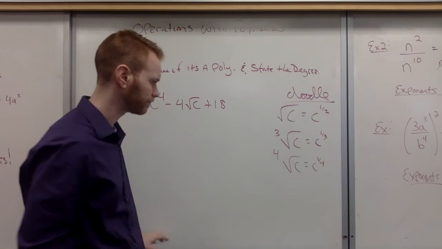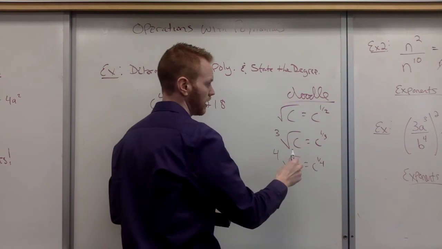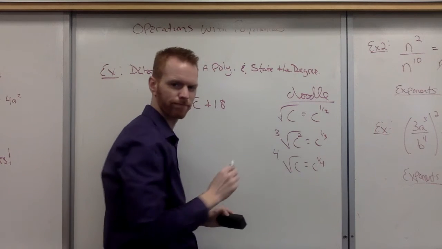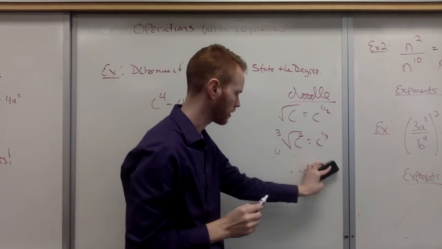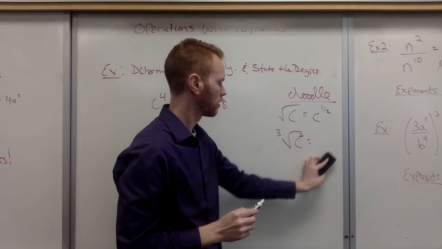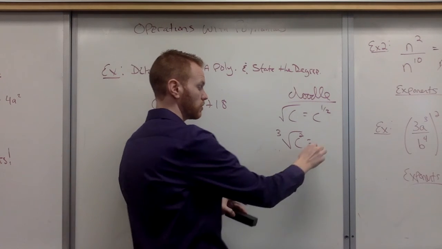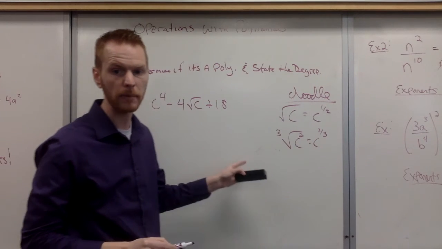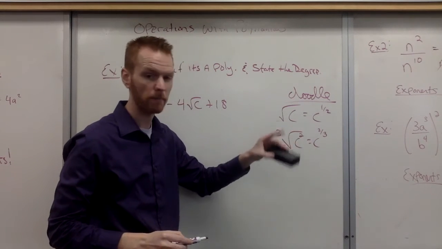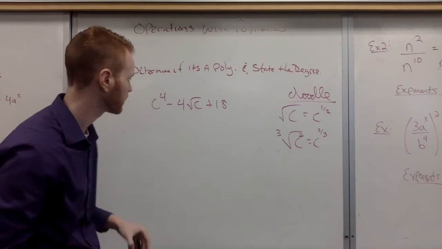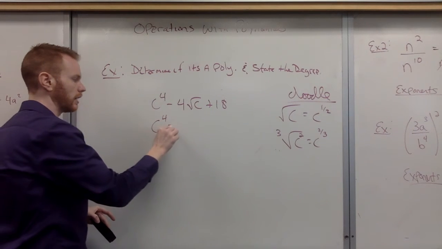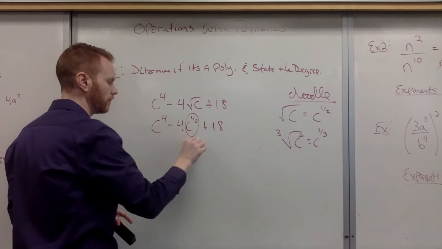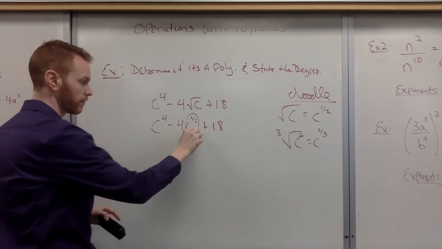Now let me change it up here. What if I said this would be a 2 right there? Let me just erase this. So if I put a 2 there, then this would be c to the 2/3 power. Remember, denominator is just the type of root, numerator is what power is underneath that. Does that make sense? Now going back to this, if I were to rewrite it, I could see clearly that this is not a polynomial.